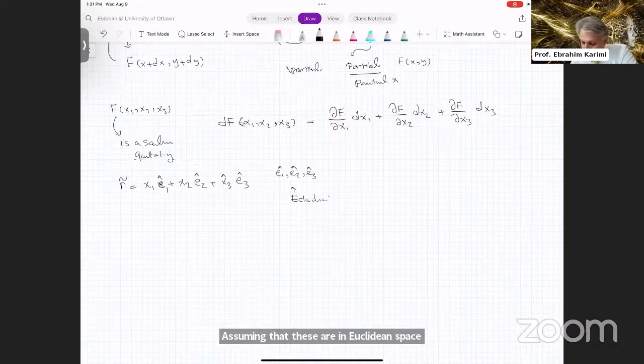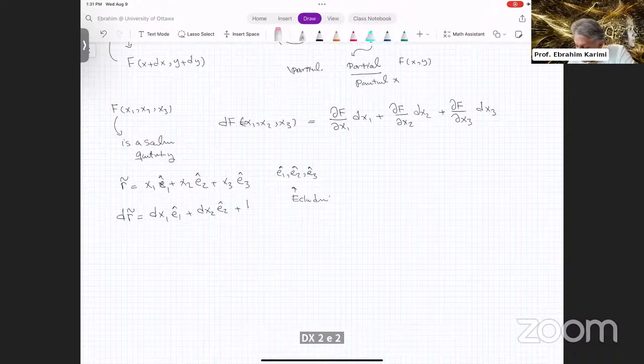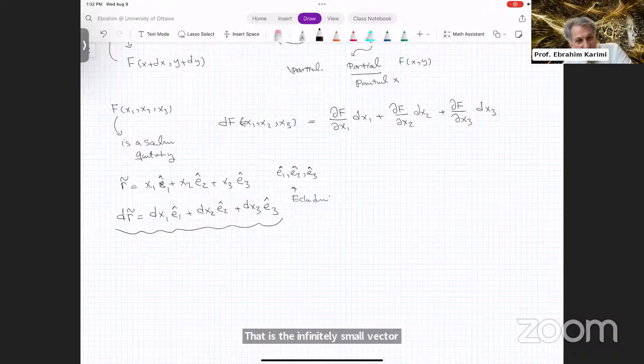So dr, indeed, since e1, e2, and e3 are constant, means that the only changes happen in the infinitely small direction of dx1 e1, dx2 e2, dx3 e3. That is the infinitely small incremental vector dr.